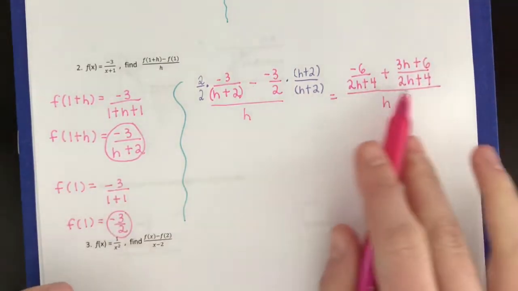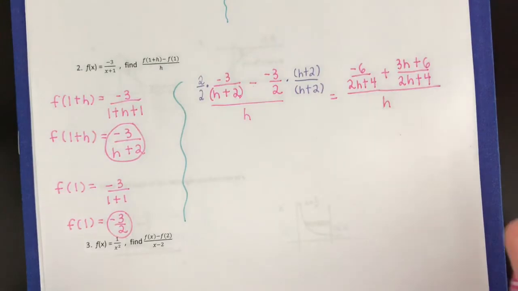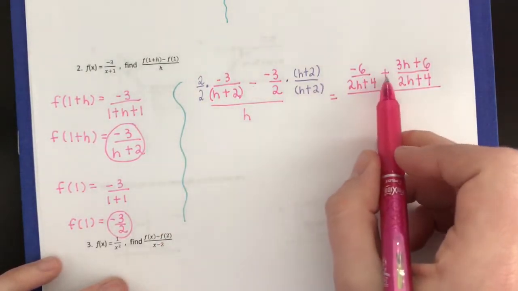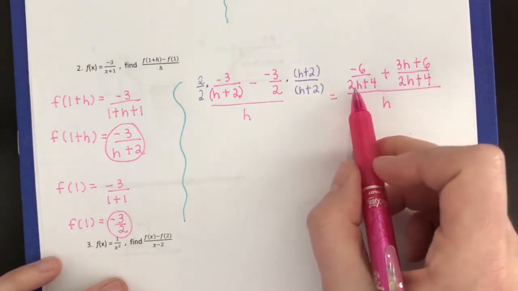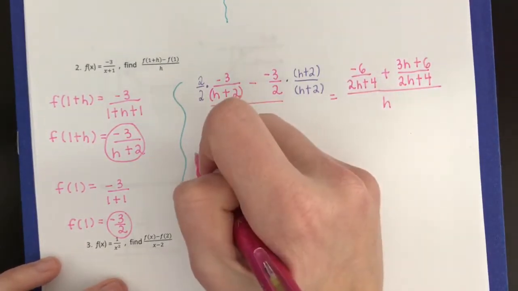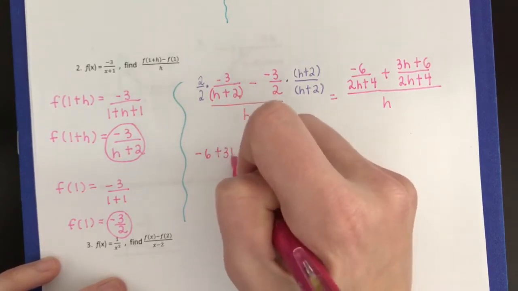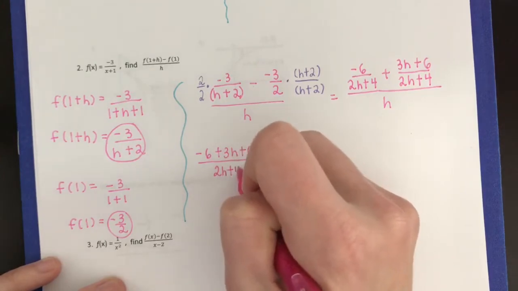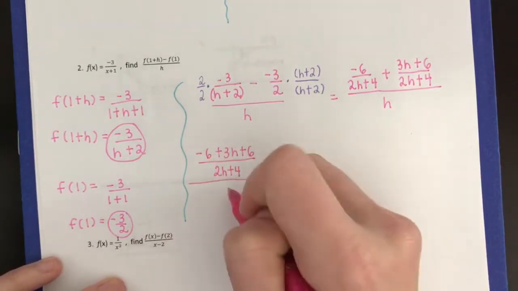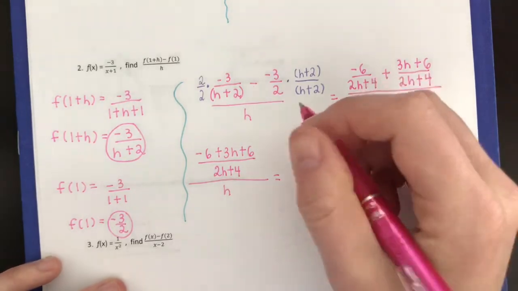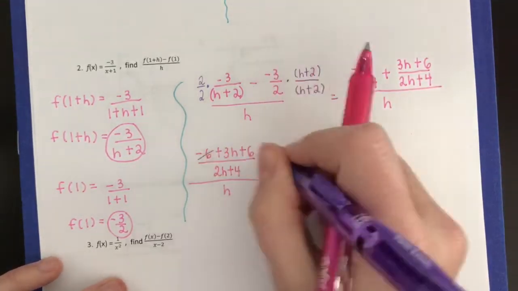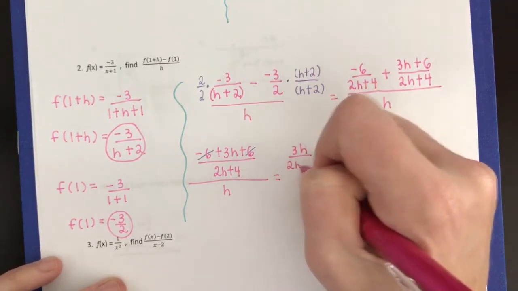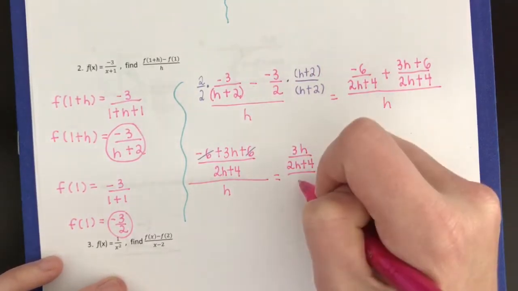So now that I have a common denominator, I may go ahead and combine on the top in the numerator. So you would have negative 6 plus 3h plus 6 all over 2h plus 4 all over h. So this becomes 3h over 2h plus 4 over h.